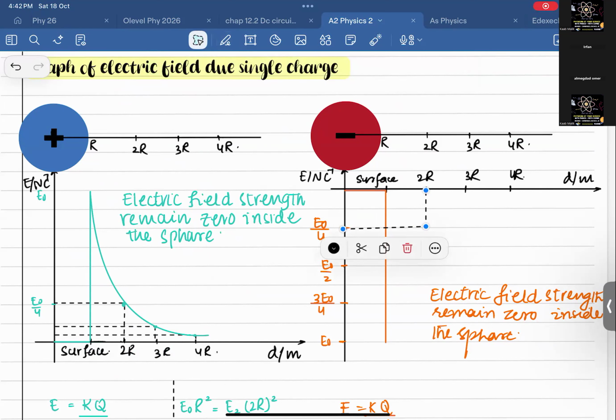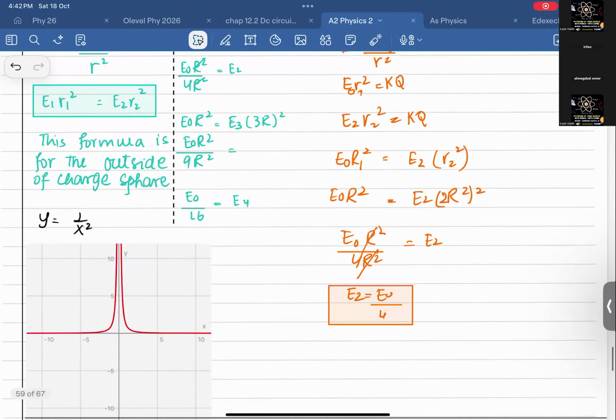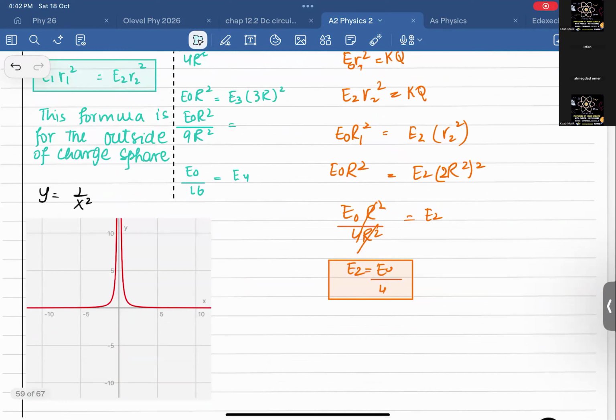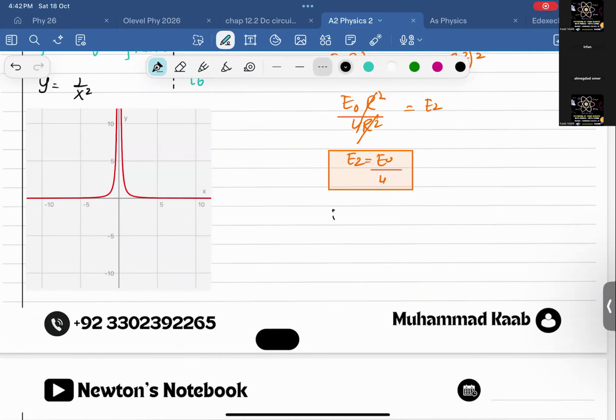Now, this is your second point, right? Which is E naught by 4, right? And you can do the similar working for E3 and E4, right? So for E3, you can say that E naught by 9, okay?